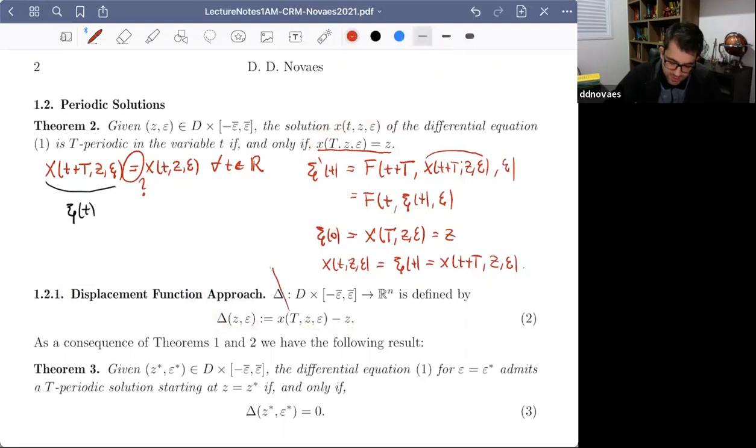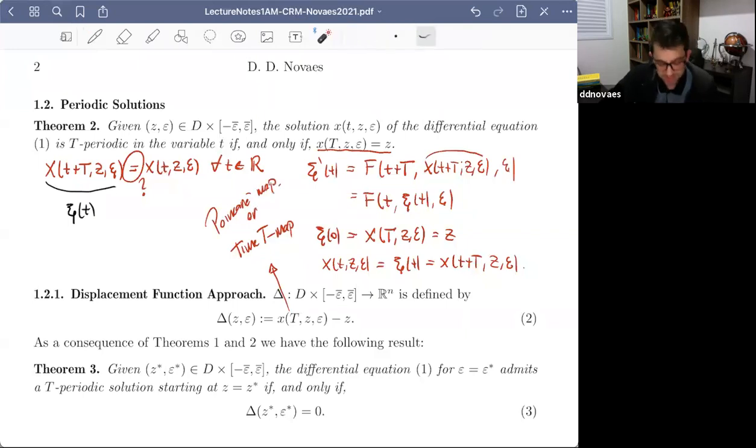This map here is called the time T map, or in some places it can also be called the Poincaré map. So the displacement function is defined as the time T map minus the identity, that is, x(T, z, epsilon) minus z.